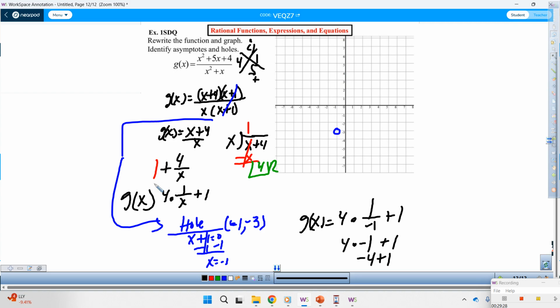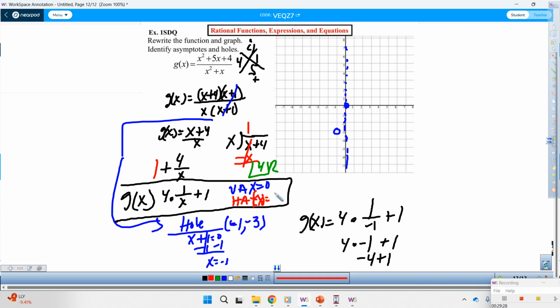And of course, we're going to use this one to graph our function. VA, x equals 0. HA, f of x equals 1.